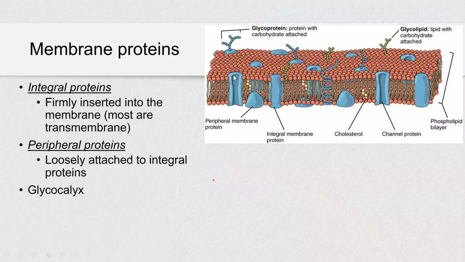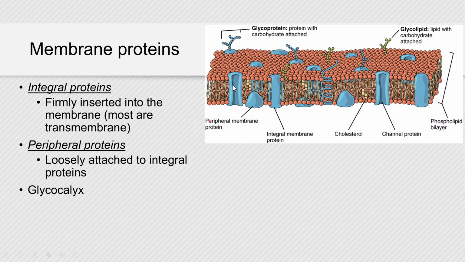However, you can see what's shown here in this blue color, those represent proteins. So we have also different proteins within the cell membrane, and they can be divided into two classes: integral proteins and peripheral proteins. Integral are firmly inserted into the membrane, and most of them are transmembrane.